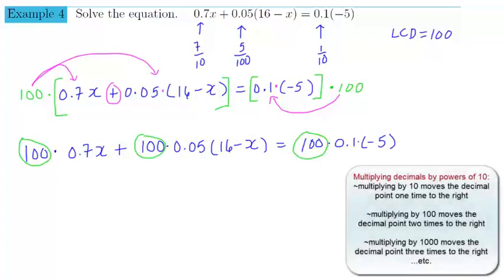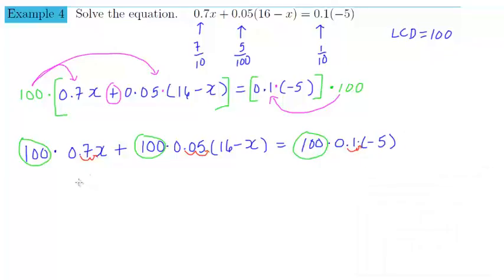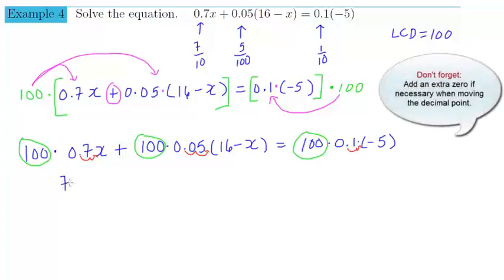So now we need to recall how we multiply decimals by 100. All right, multiplying by 100 is going to move your decimal point 2 times to the right. So I'm going to move this 2 times here. I'm going to move this 2 times here. I'm going to move this 2 times here. So in this case, 100 times 0.7 is going to give me 70.